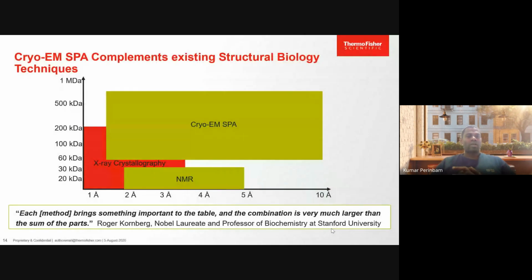So Cryo-EM, these are the major tools currently available for understanding a protein or biomolecular structure. X-ray crystallography, which was widely used before 2019 or 2020, can give a resolution of 1 to 1.5 angstrom for protein molecules.